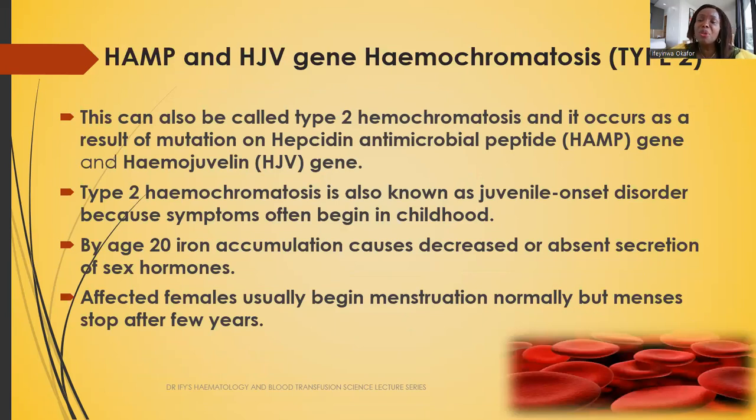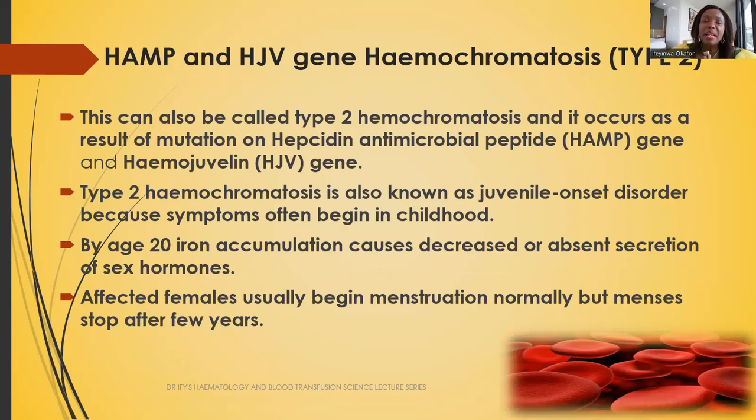Let us take a closer look at type 2 hereditary hemochromatosis. Type 2 hereditary hemochromatosis is a type of hemochromatosis that occurs as a result of gene mutation in the hepcidin antimicrobial peptide gene and the hemojuvelin gene.